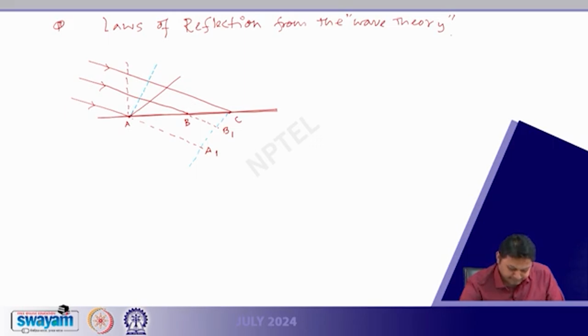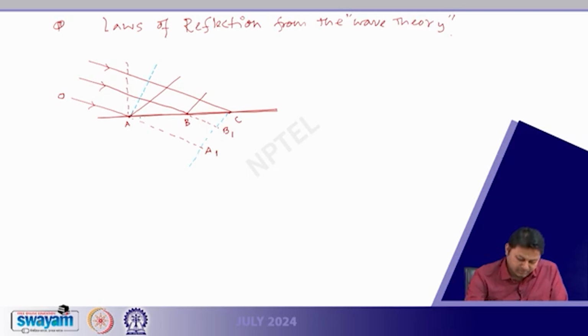This is the reflected light for the first ray, this is O, this is the reflected light for O, and this is the second ray, and the third ray is hitting C.